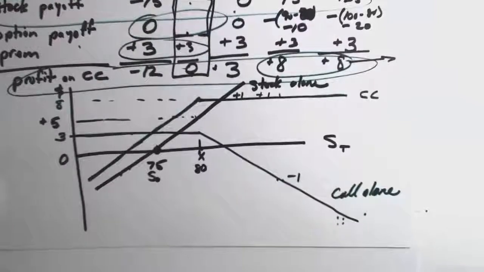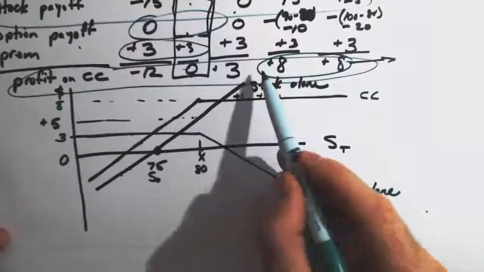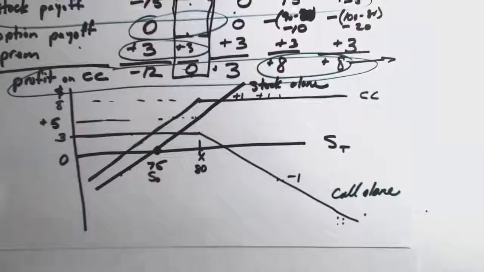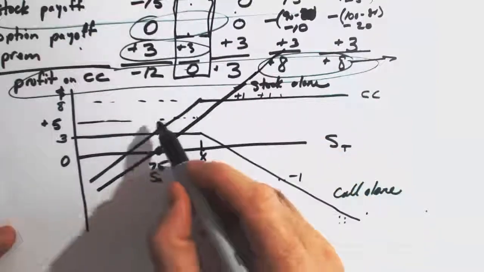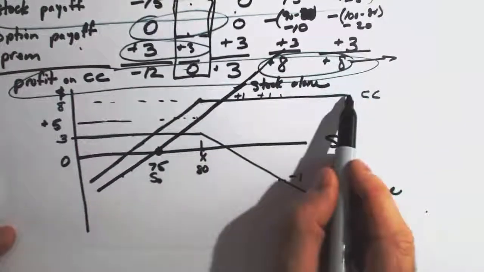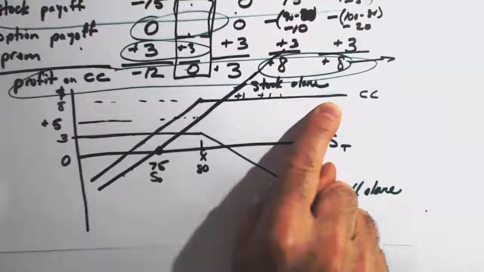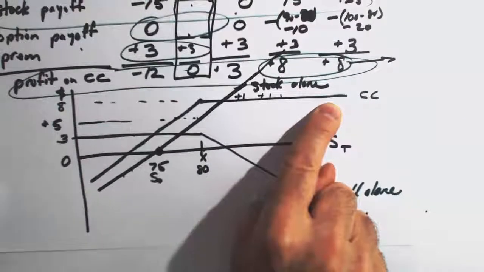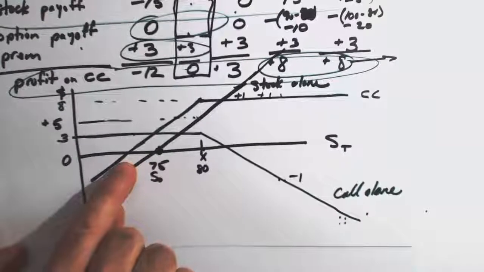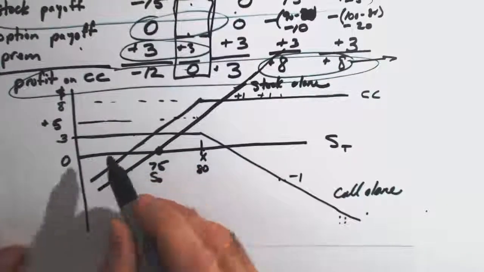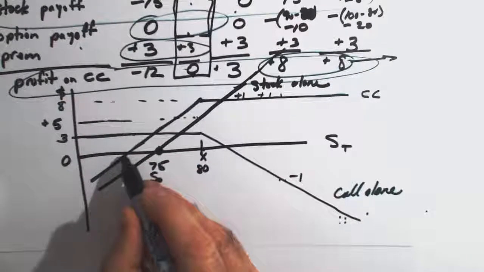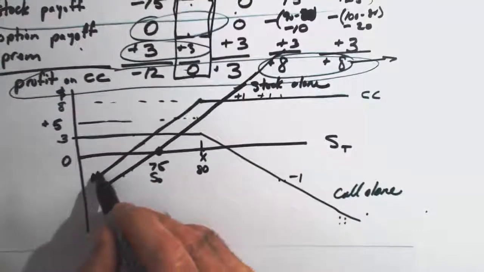Okay, notice what happened. We traded the upside potential of the stock. Here was the upside potential. It was all the way up. We traded that away, and now we've capped, we put a ceiling on our profits. But what we've done is we've reduced our risk by $3, so our profits are better by $3 being on this line.